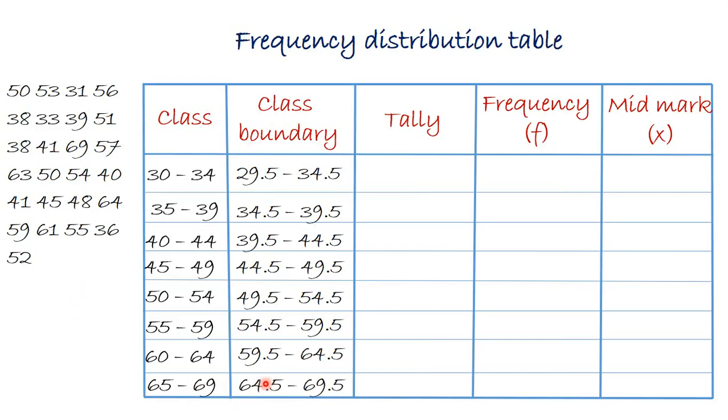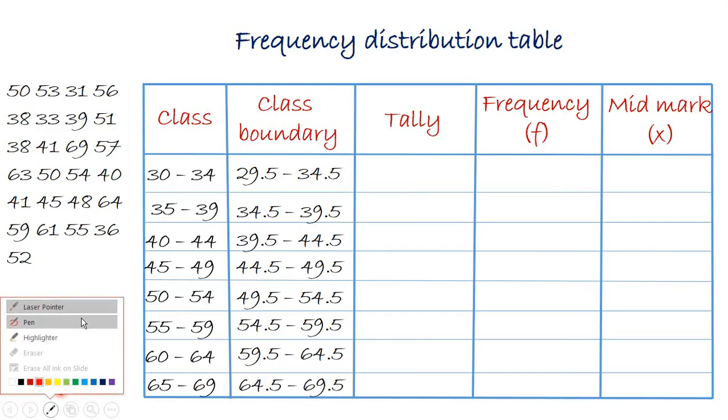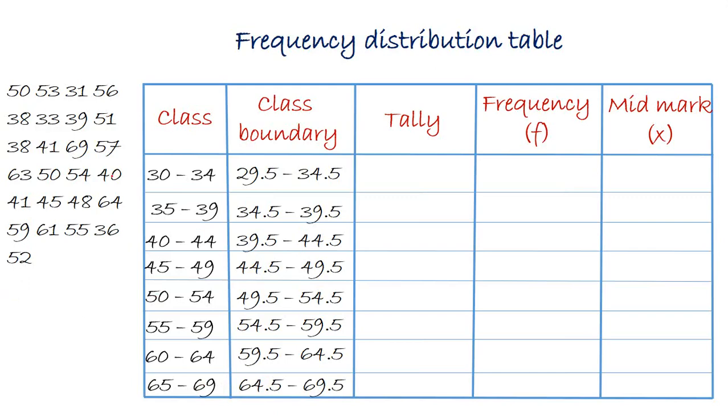Now let's have the tally. We're going to tally this. Let me get a pen here. I want a pen because I want to cross out whatever I've tallied. So the first is, I'm going to first of all circle, then tally. So if I circle the 50 here, I go and tally it.